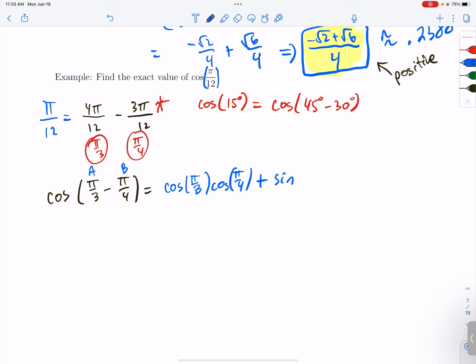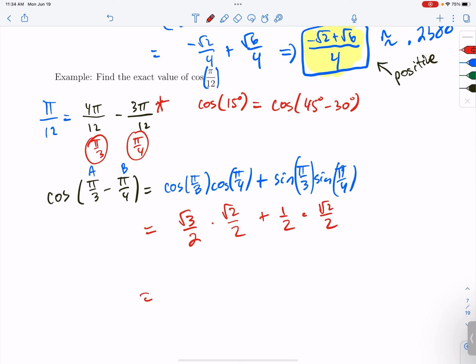And then I have sine of pi over 3, sine of pi over 4. And then we just go ahead and fill these in from the unit circle. So cosine of pi over 3, that's root 3 over 2. Cosine of pi over 4 is root 2 over 2, plus sine of pi over 3 is 1/2. Sine of pi over 4 is root 2 over 2.